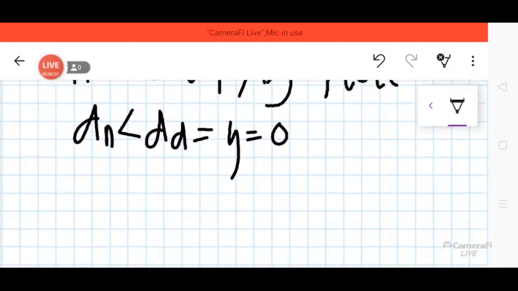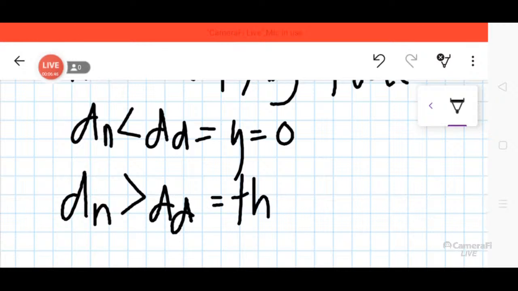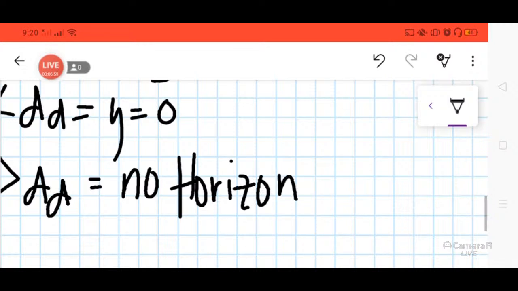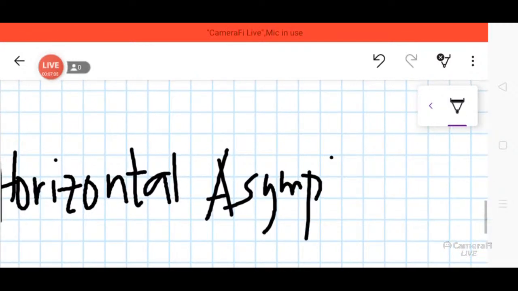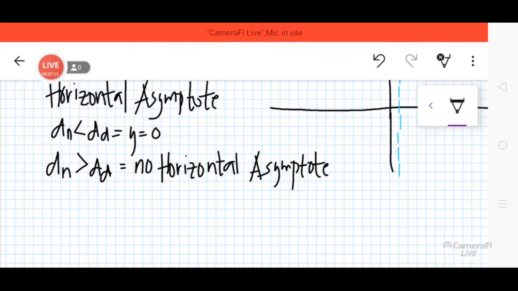If the degree of our numerator is greater than the degree of our denominator, it means there is no horizontal asymptote.